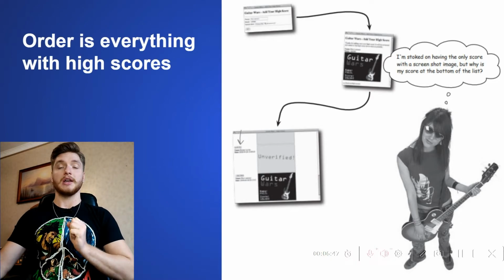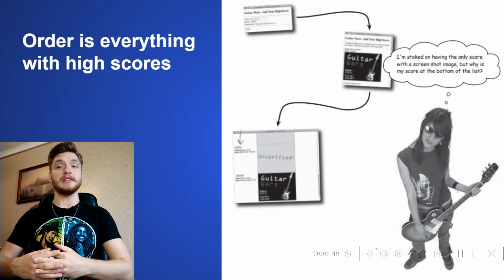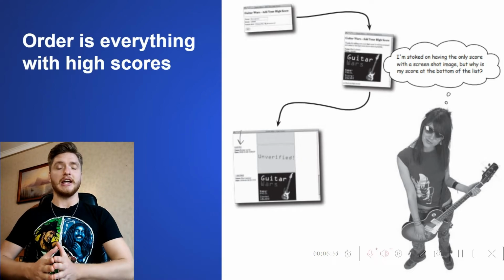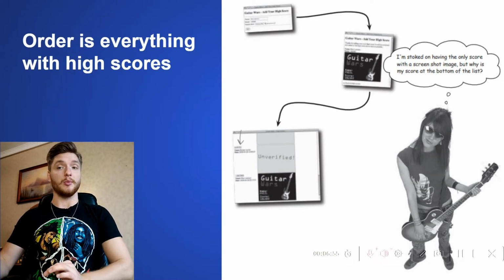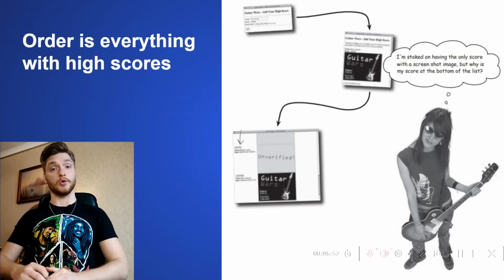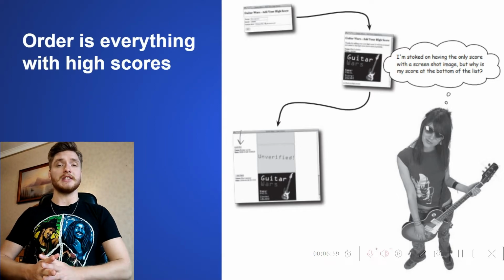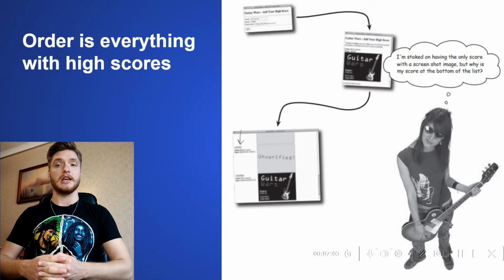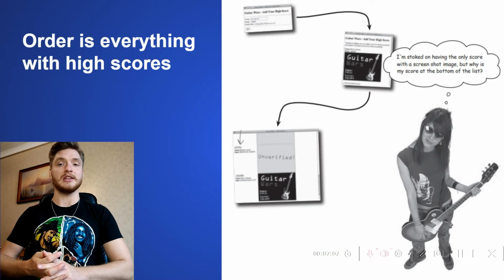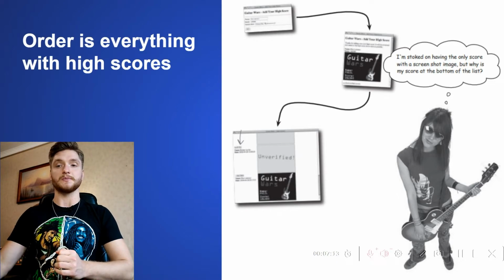Okay, so guitar vars is finally image powered, allowing users to upload screenshot images to help verify their high scores. While this is a major improvement to the application, it hasn't solved a problem that users have actually been grumbling about for quite a while: the order of the scores on the main page.